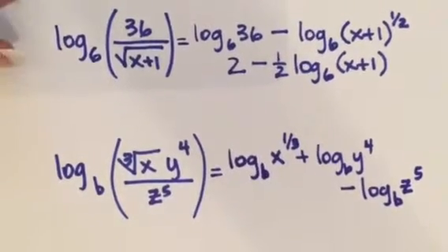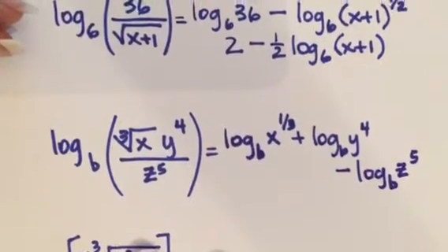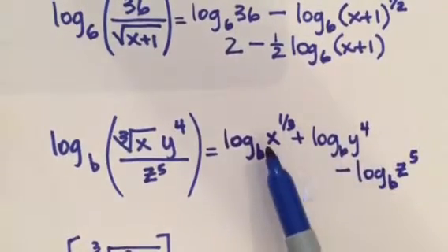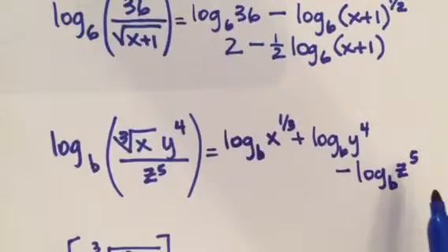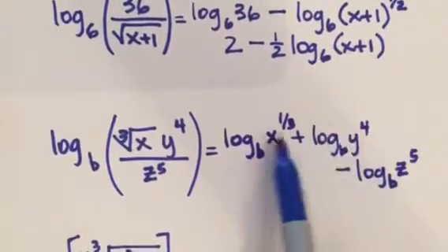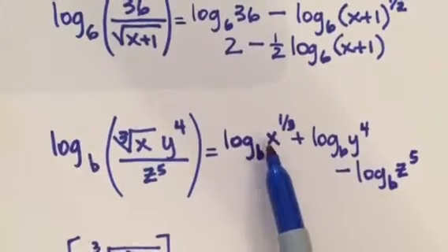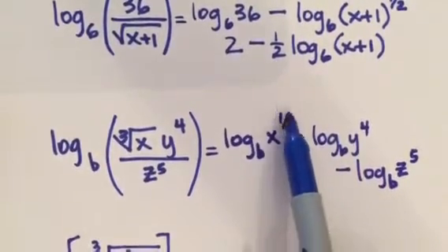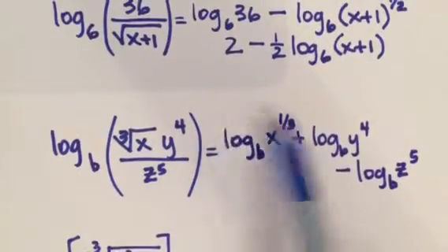All right, and now we're going to look at each of these pieces and see how they can simplify or apply the power rule. So we've got variables, so we don't have numerical simplifications that we can make, but we can apply the power rule every single time.